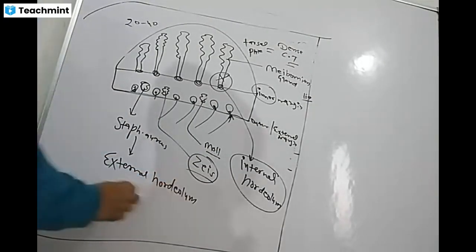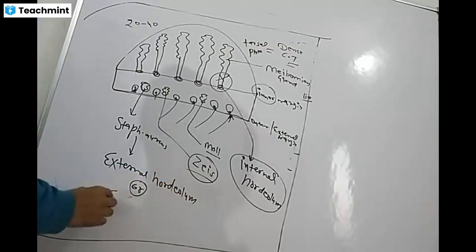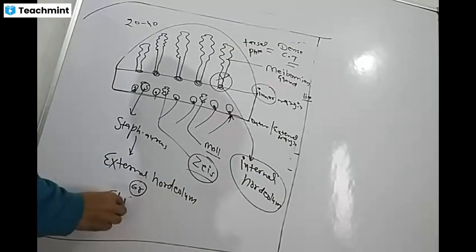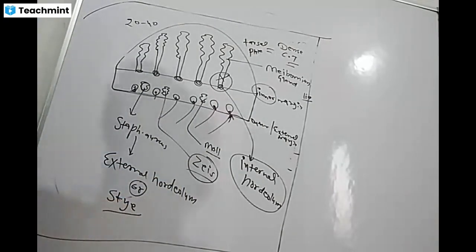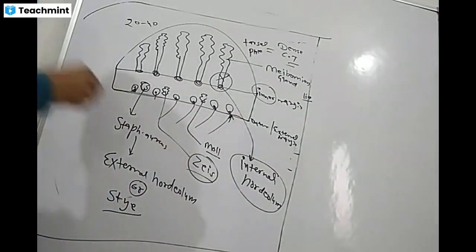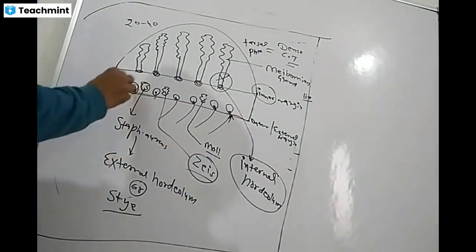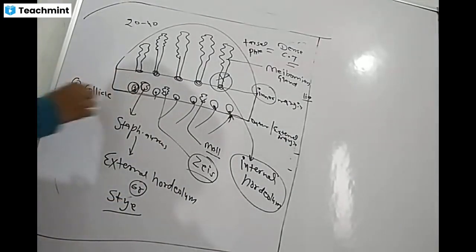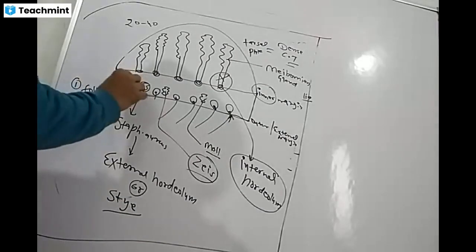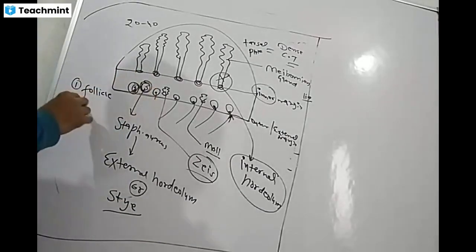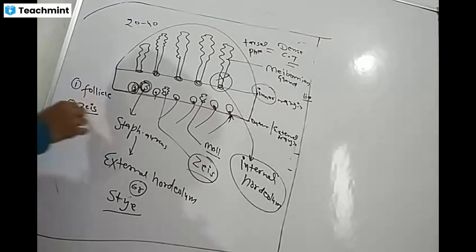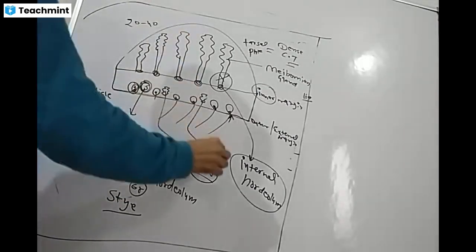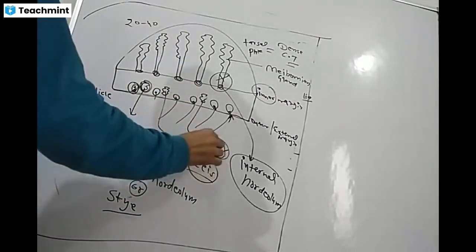External hordeolum, or the synonym is stye. It means infection of this follicle, number one, or the nearby gland, which is most commonly involved, the gland of Zeis, not Moll. Moll is not affected by any infection.